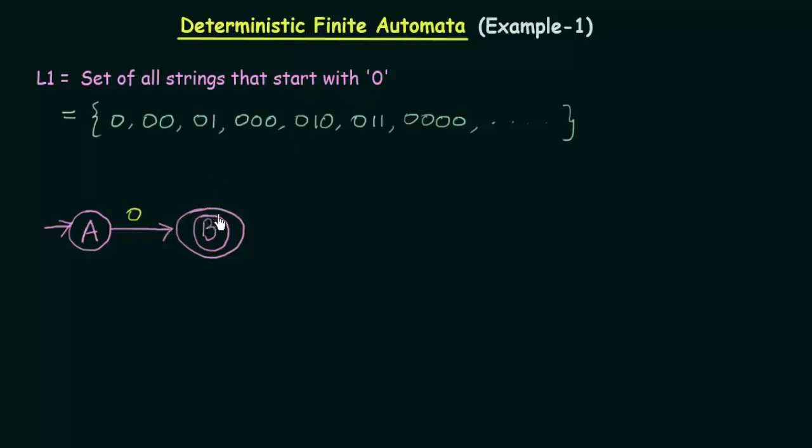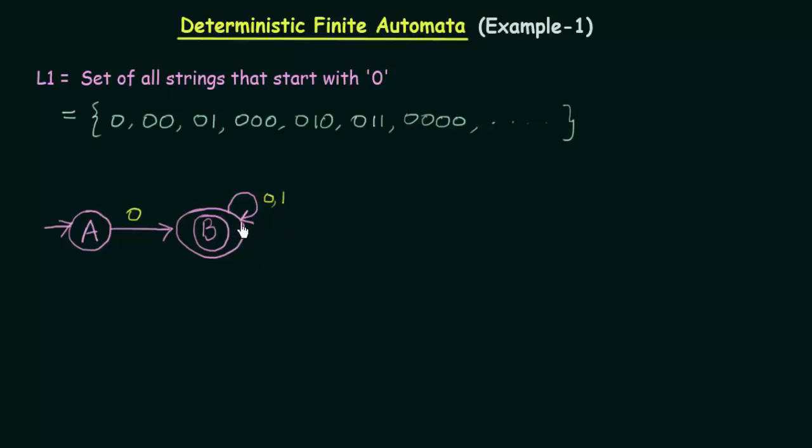Okay, now I am in state B, and after reaching state B, I can either get input 0 or 1. So what will happen if I get either 0 or 1? Since B is the final state, I'll give a self loop here and write 0 or 1. What does this mean?